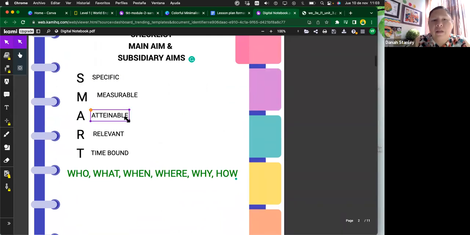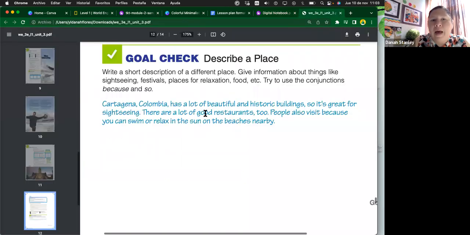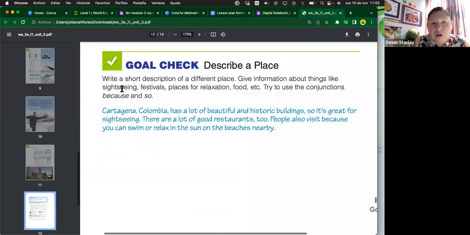Specific, measurable, attainable, relevant, time-bound, and the instruction is write a short description of a different place. Give information about things like sightseeing, festivals, places for relaxation, food, etc. Try to use the conjunctions because and so.